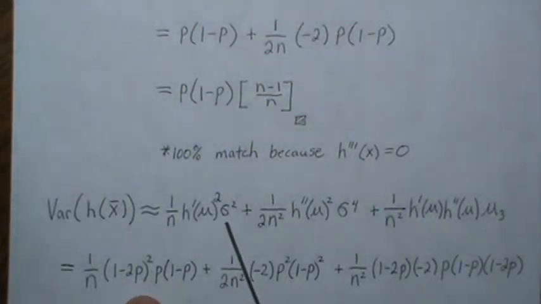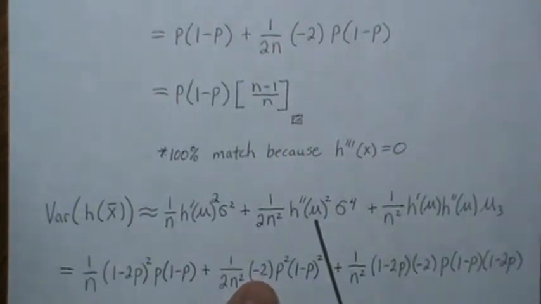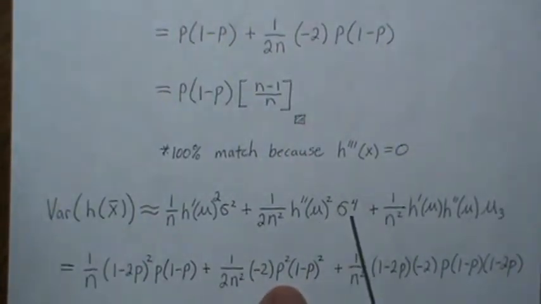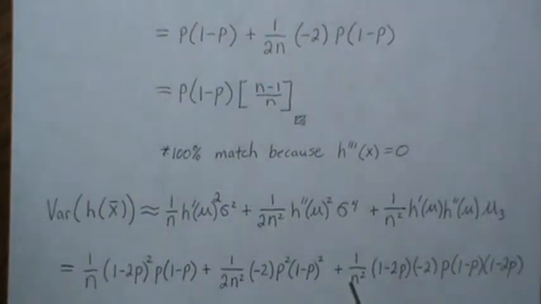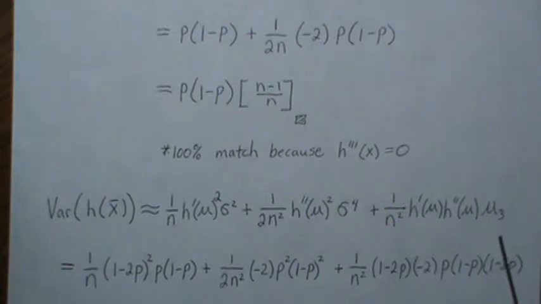That's sigma squared, which is pq, and then plus, and minus 2, the sigma to the fourth, you square the variance, and then you plug in each of these. The third central moment is p times 1 minus p times 1 minus 2p. And actually I have a video that shows that too, which I'll put in the description.